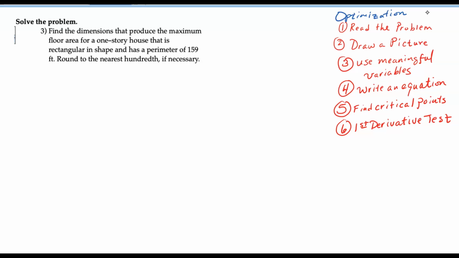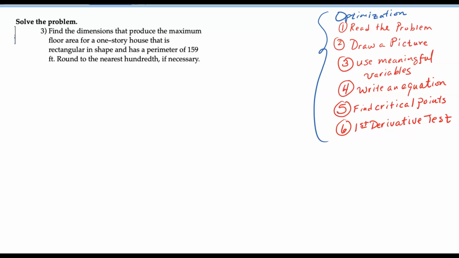All right. Now, in this case, what we're going to do is review a problem-solving process for optimization problems. And the first thing we should do is, of course, read the problem. Secondly, we should draw a picture. Third, we should use meaningful variable names. All right. Then we write some kind of equation that relates the variables.